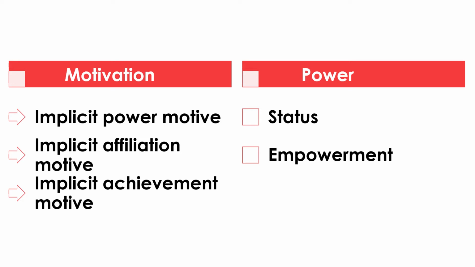But status refers to prestige and respect. Unlike power, status relies on the judgment of others. People can have high power but low status, such as prison guards, TSA agents, and DMV workers.